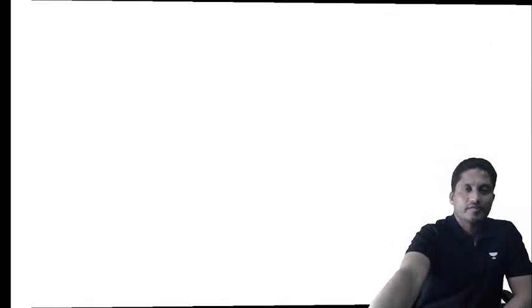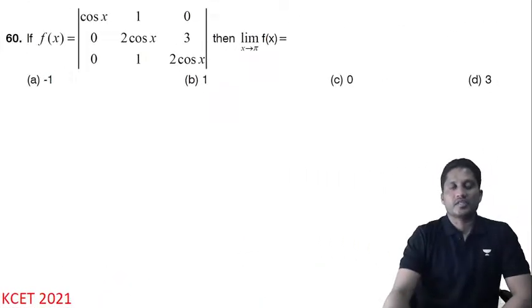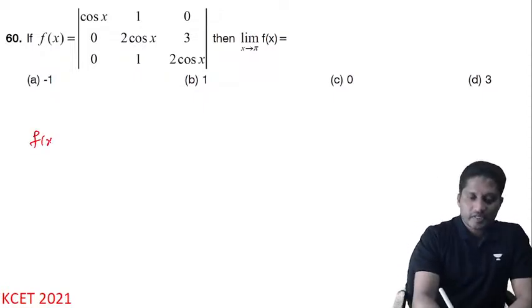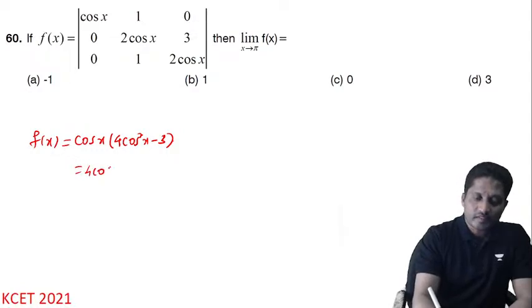And the last question of the 2021 paper, question number 60. Limit x tends to pi of f(x). f(x), if I expand the determinant, you will get cos x into, delete first row, first column, you will get 4 cos square x minus 3. And the remaining will be zeros. So 4 cos cube x minus 3 cos x, which is equal to cos 3x.